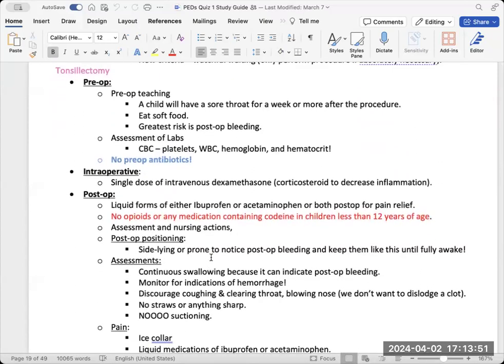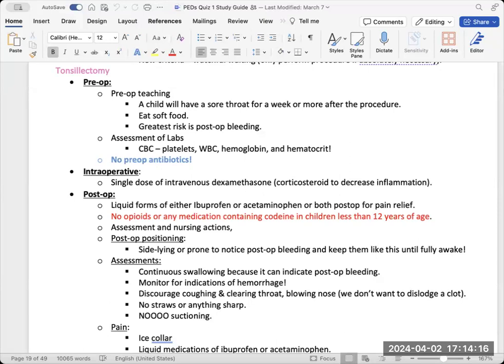Okay, so for tonsillectomy, if they're going to have that, there are really important things that we need to take note of. The first thing is pre-op teaching. We need to tell the parent and the child that they're going to have a sore throat for a week or more after the procedure.